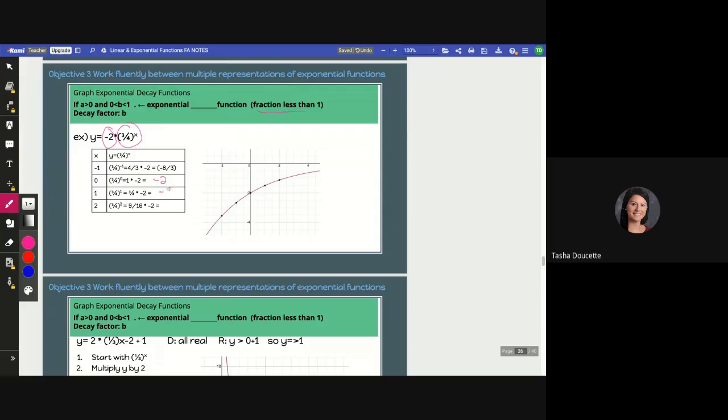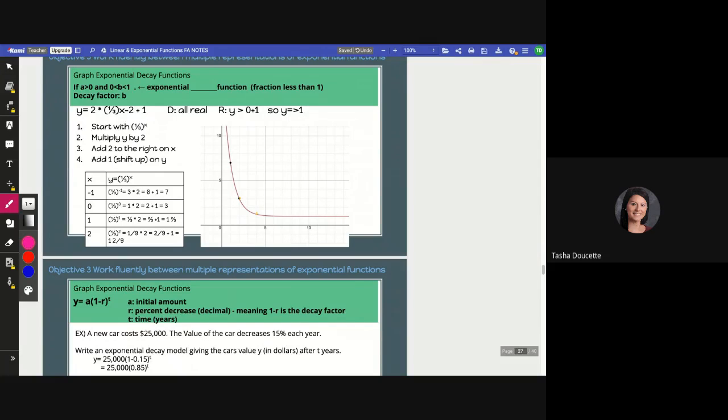This gives us -3/2 when it's simplified, and then -9/8 when it's simplified. All right, so now we're seeing that, remember the negative, it flips over the x-axis, so it flips it upside down.